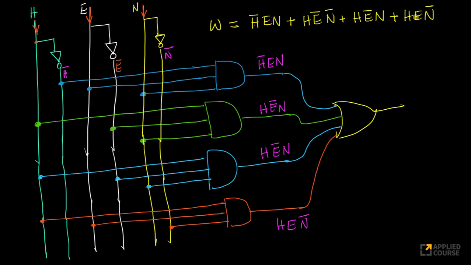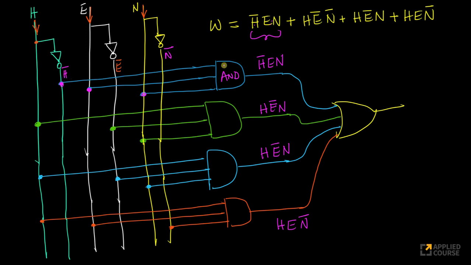Now look at the terms that I need. Overall, what is the first term? I need H bar E N. It's a product, which means I need a logical AND gate. What are the inputs to the AND gate? There are 3 inputs to the AND gate, right? So look at this. I'm connecting H bar here. This H bar I'm providing as an input here. That's why I've drawn a thicker point here. This is E and this is N. So I take a wire, connect from here without touching any other wires.